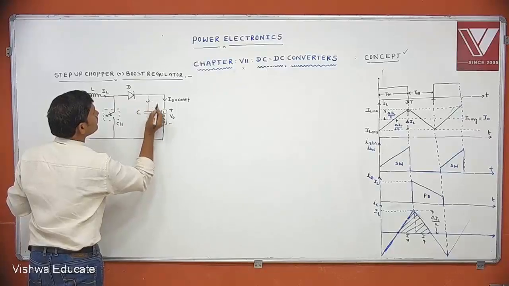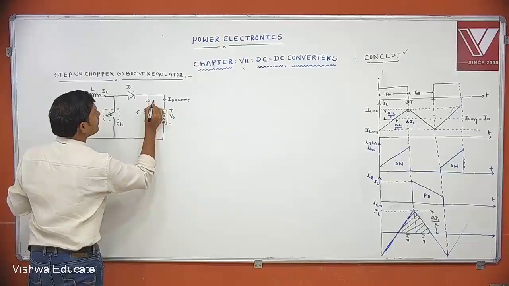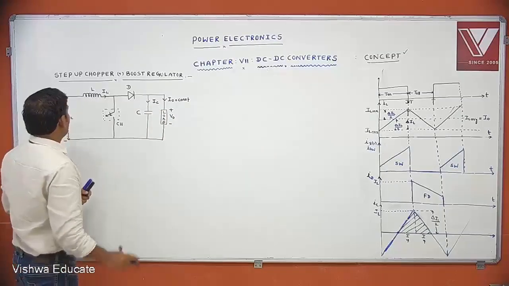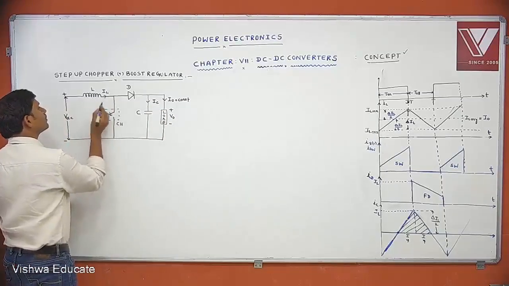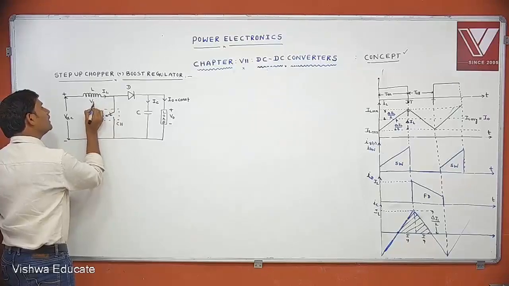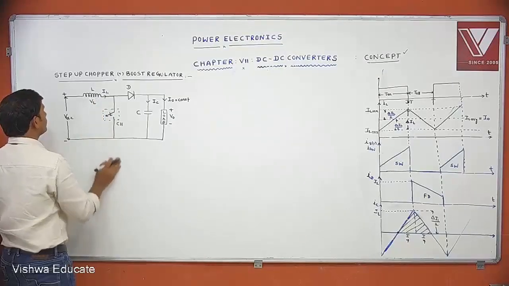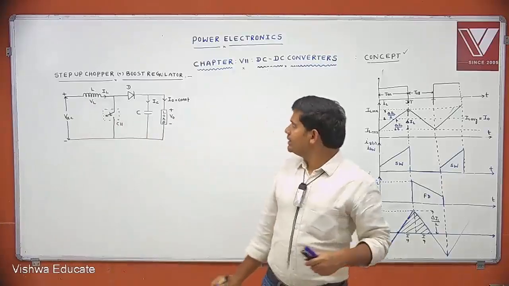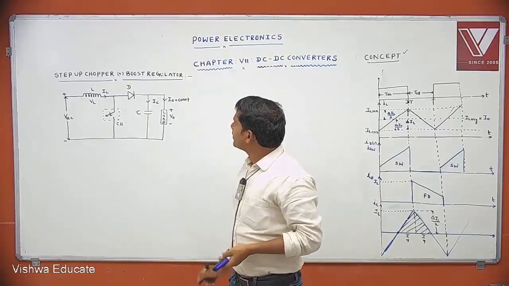Voltage across the inductor is VL. This is the boost regulator or step up chopper circuit.